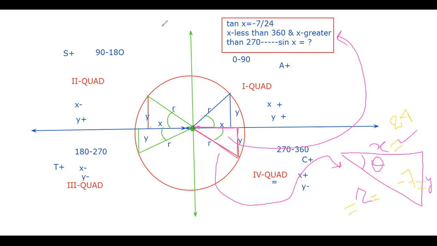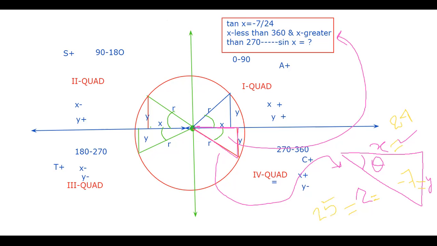So you have the opposite side, that is -7, and you must have the hypotenuse. You're looking for only one value in this problem. Is it 25? That's what I got. Yes, absolutely right. So r is 25.